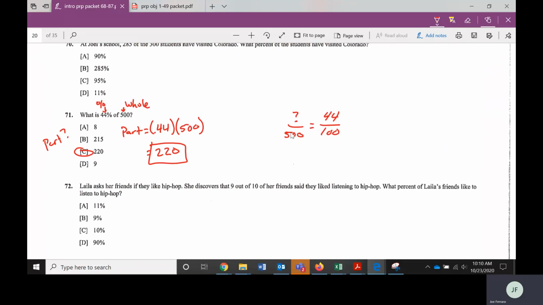So again, cross multiply and divide. You take the diagonal that has two numbers. So 500 times 44, and you divide by the other number, which is 100. When you multiply those, you get 22,000. You divide by the 100, and that'll give you 220 also. So either way you do it, you get that answer.